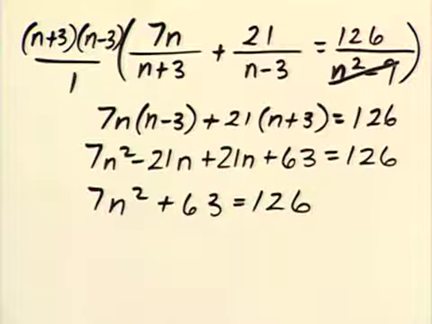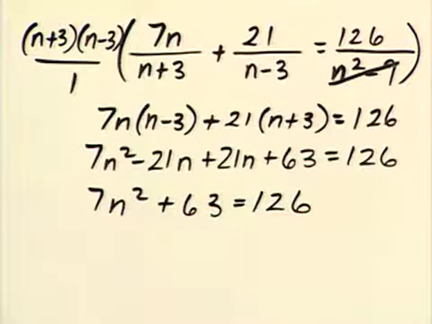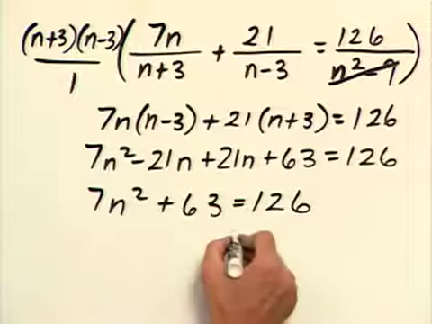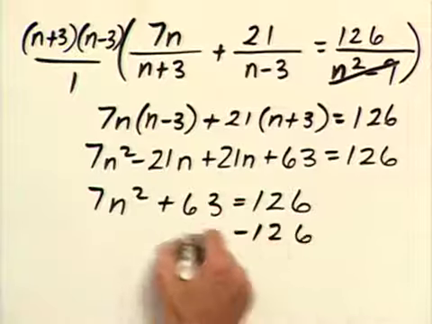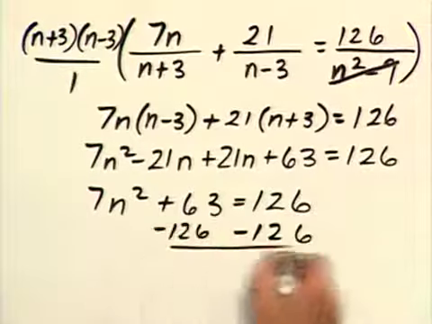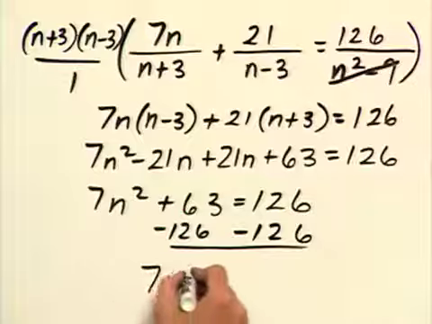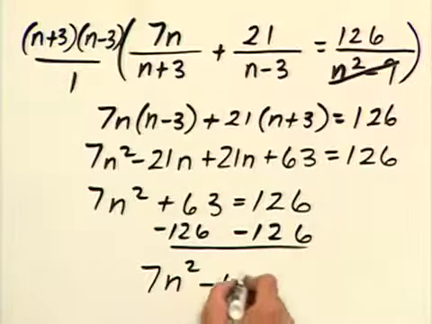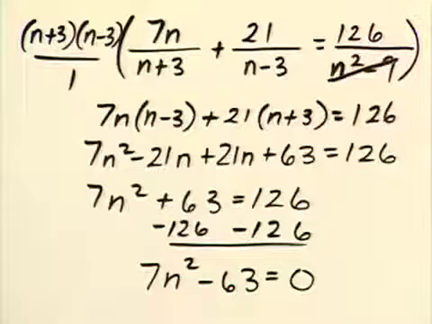Since we have a quadratic equation left, let's go ahead and get everything on one side, set it equal to 0 so that we can factor and use the zero product property. So let's subtract 126 from both sides. And that'll leave us 7n squared minus 63 is equal to 0.